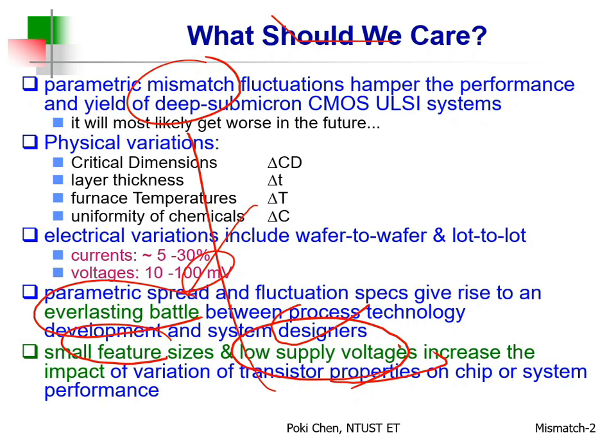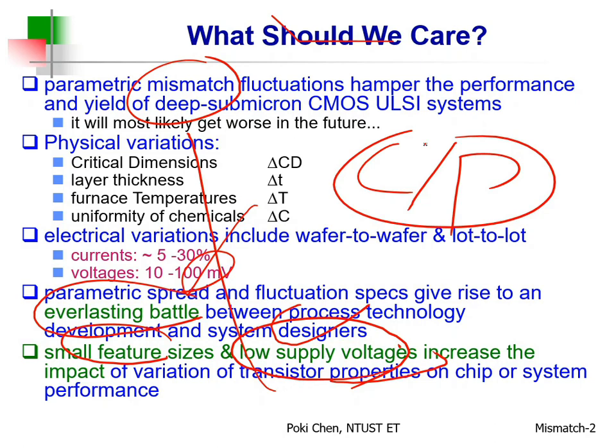That's it. To my memory, somebody said, only to my memory, that the best cost-performance ratio is at 90 nanometers.